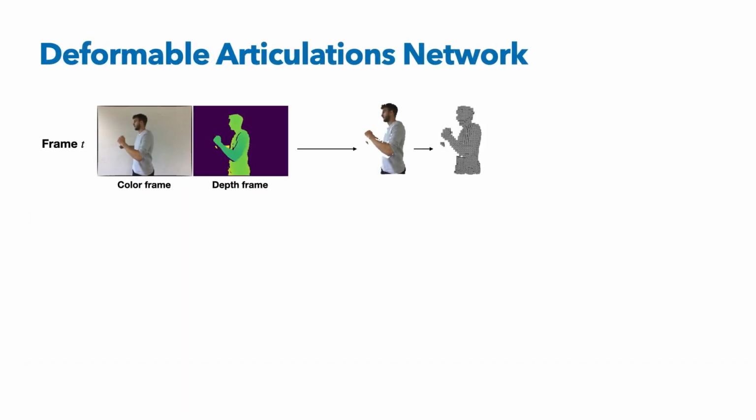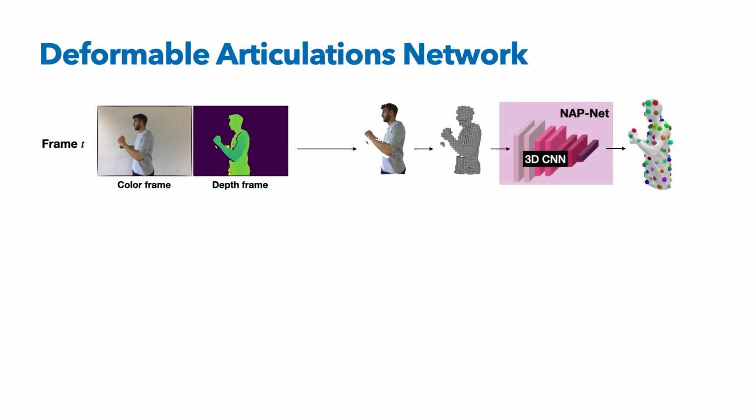Given an RGB-D frame, we first convert it into a color point cloud, and then we build an occupancy grid from that point cloud. The occupancy grid will be fed into a Neural Articulation Prediction Network, which is NAPNet in short, to estimate the articulated bones that model the human movement at that frame.